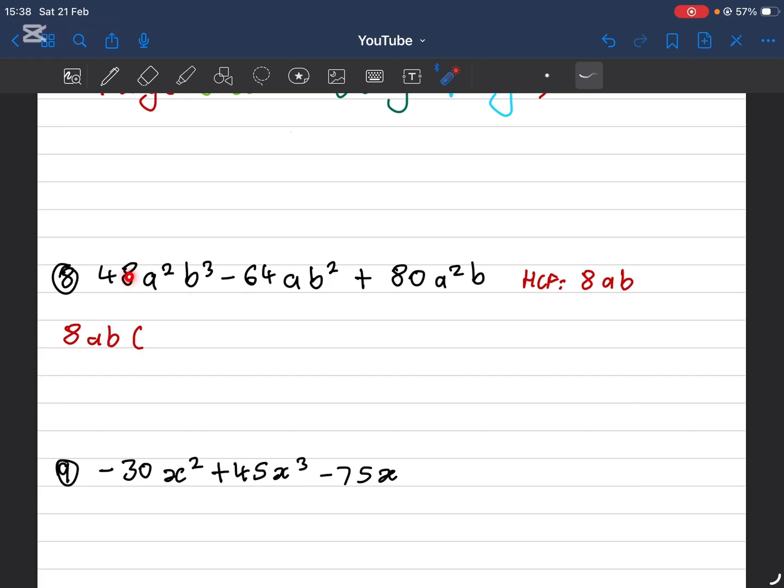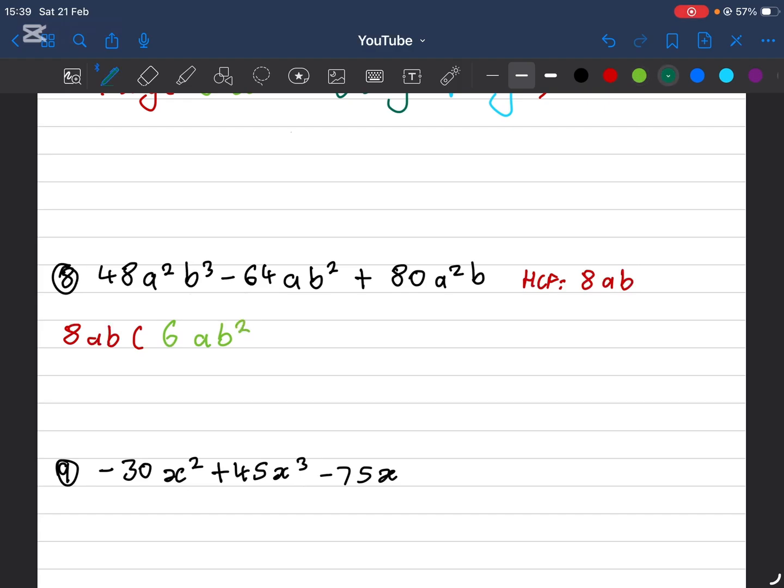So 48 divided by 8 is going to give you 6. A squared over A. I hope you're remembering or visualizing what we did over there. So when you have variables being divided, you can follow your laws of exponents, or you can think of it as 2 A's on the top and A on the bottom. 1 will cancel, we're just left with 1. So in this case, you have 6A. B cubed over B will be left with B squared.